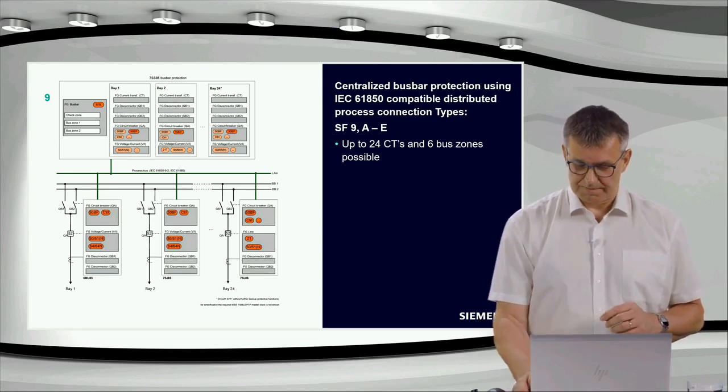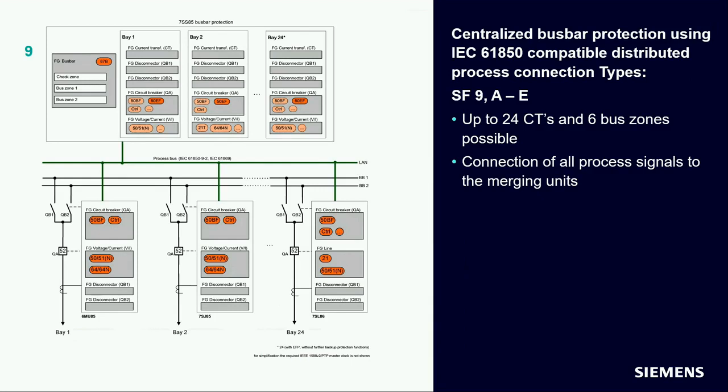The difference, of course, to the centralized busbar protection is that now all process signals are not connected to the central 7SS85, but to the merging units, the bay units.